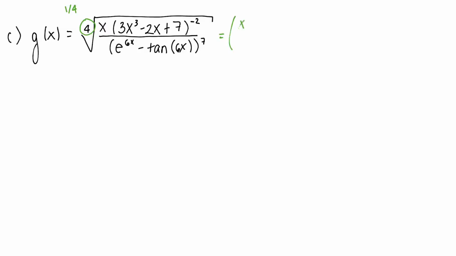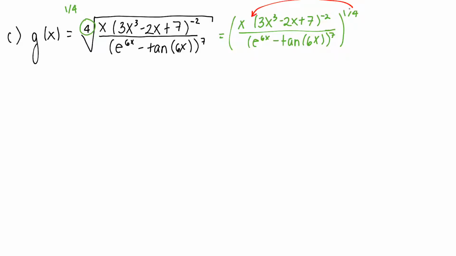So it's really like you have x, 3x cubed minus 2x plus 7 raised to the negative 2, all over e to the 6x minus tangent of 6x, raised to the 7th, raised to the 1/4. And then this 1/4 gets distributed to everything, and you would just multiply the exponents.